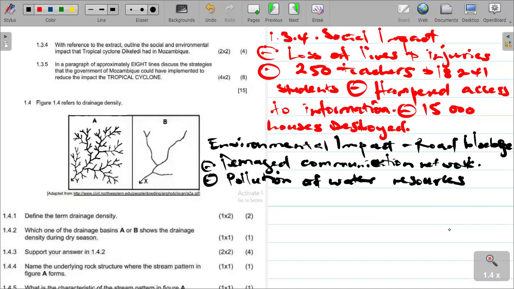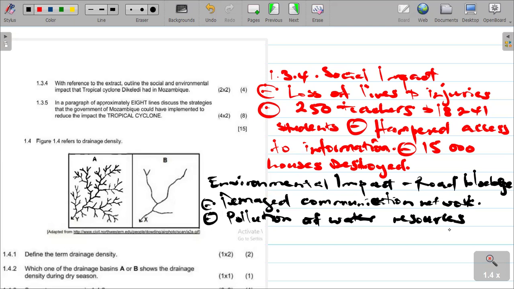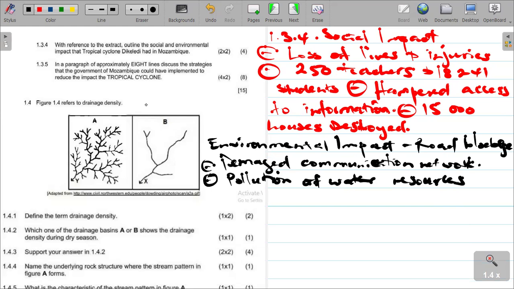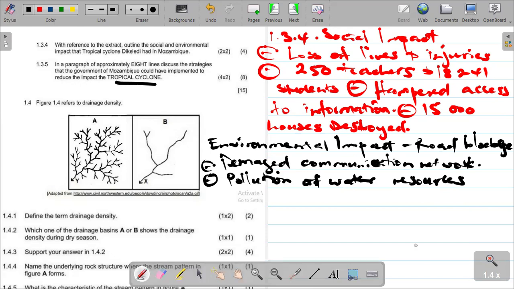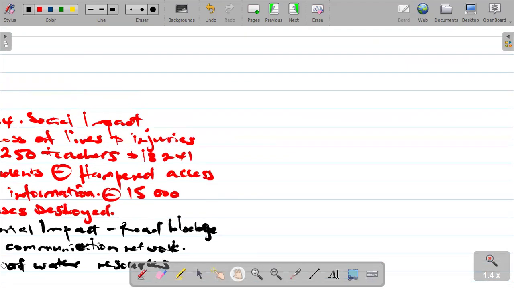And then the next question is saying, in a paragraph of 8 lines, discuss strategies the government of Mozambique could implement to reduce the impact of tropical cyclones. These are quite a lot of them.